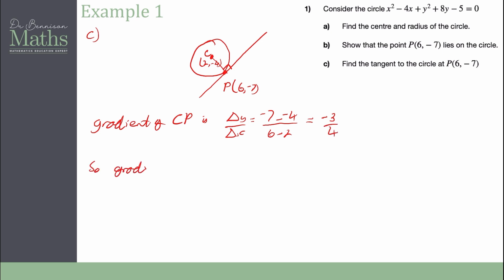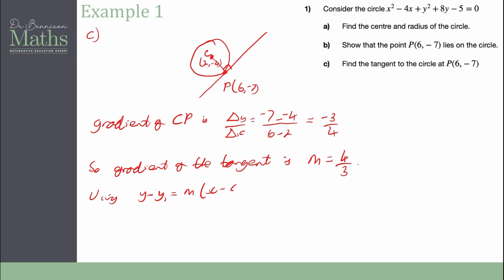So the gradient of the tangent is the negative reciprocal of that, so m equals 4/3. And we're now going to use y minus y1 equals m times x minus x1 with the point 6, -7 and that gradient.